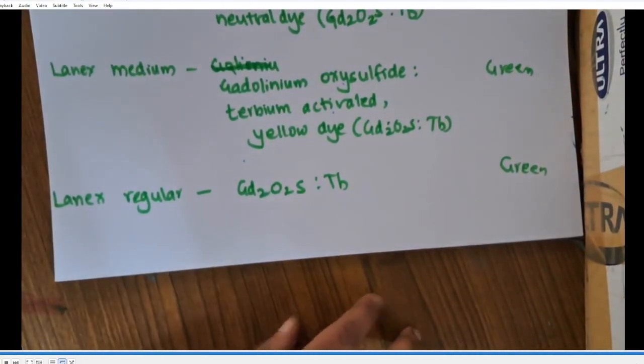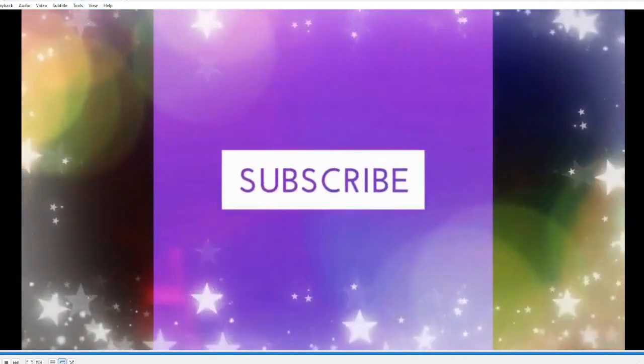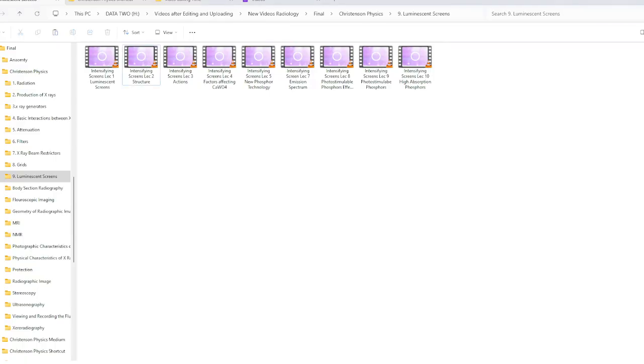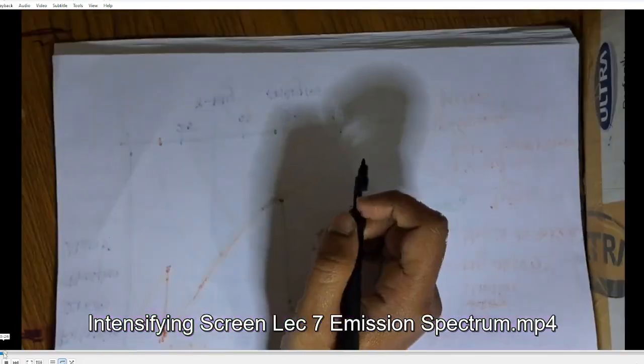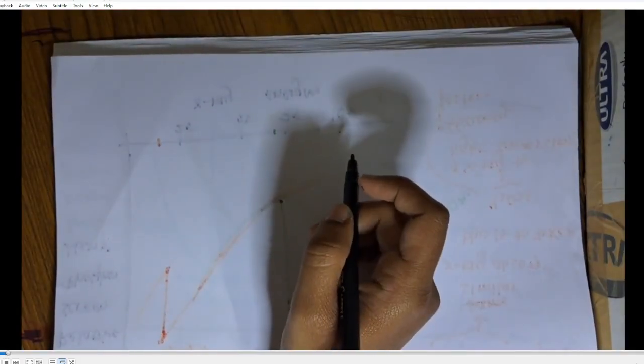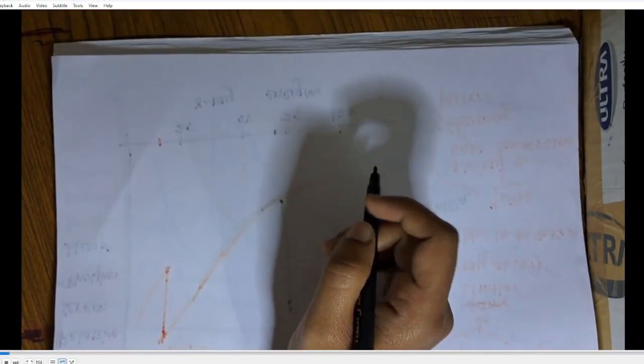So there are also two tantalate screens manufactured by DuPont, which are yttrium tantalate, thulium activated, where yttrium ions are replaced by thulium.